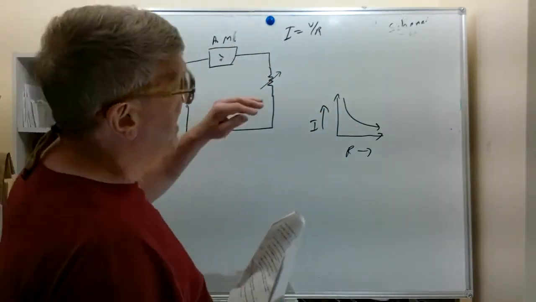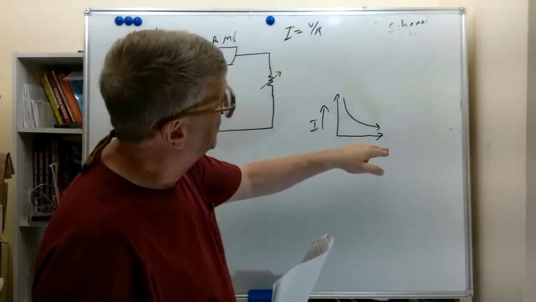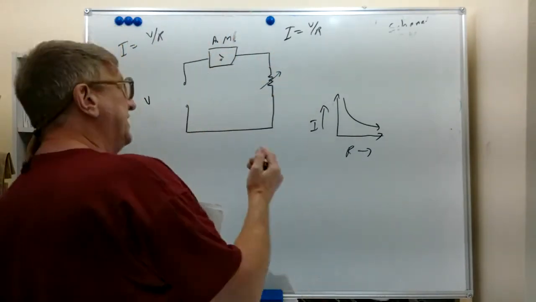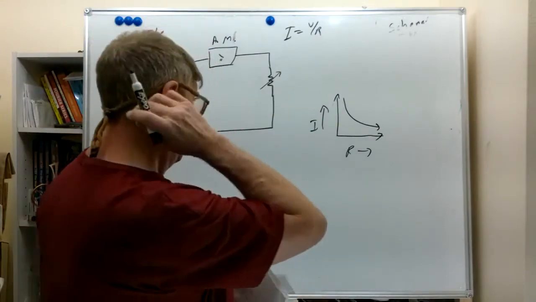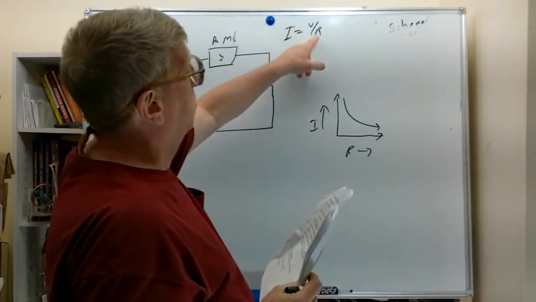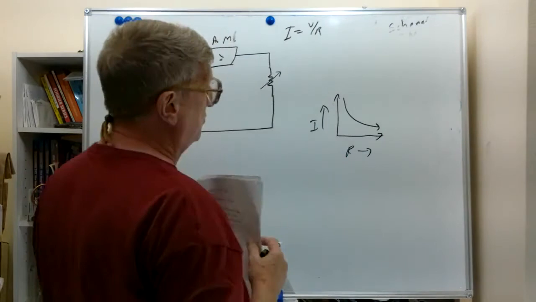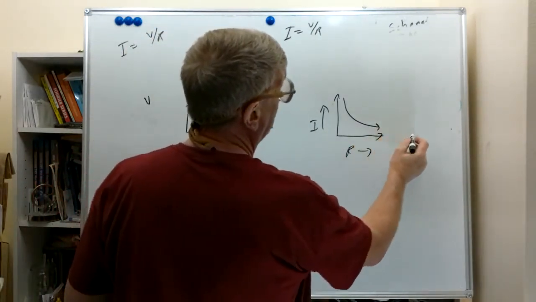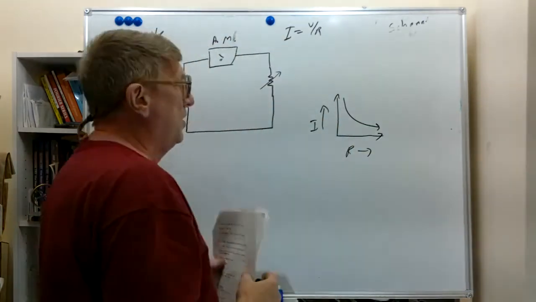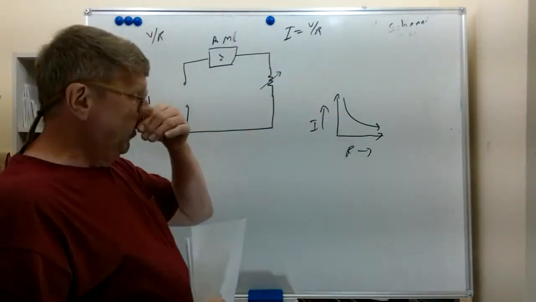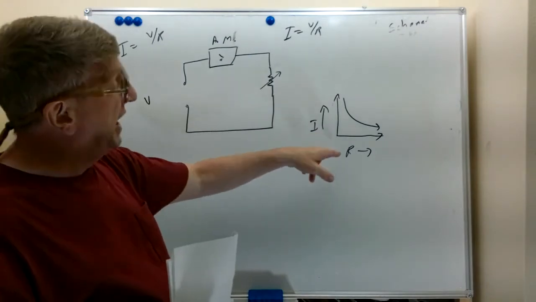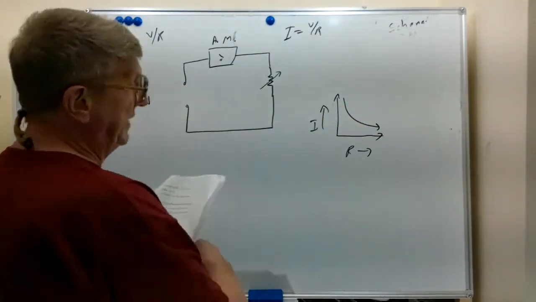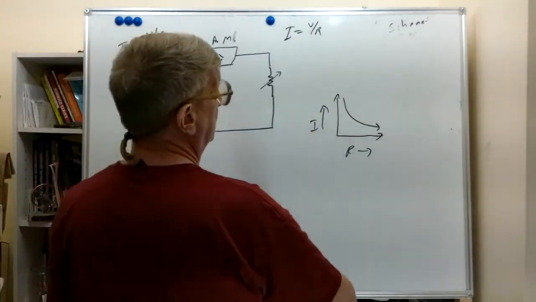So now we have an inverse relationship. Higher resistance gives us lesser current. Lesser resistance will give us greater current. You can see as R got bigger and bigger, this gets smaller and smaller, getting closer and closer to this zero value the further out we go. So this is what we call an inverse relationship. Higher resistance gives lesser current. Still a valid relationship, but it's not linear like we've talked about a little bit.